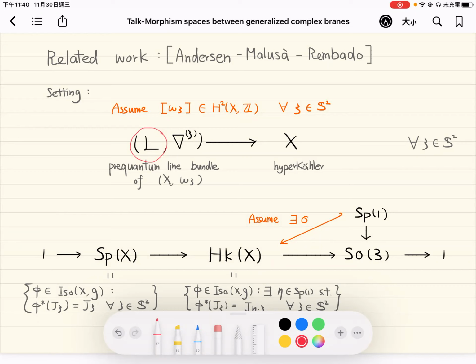But in the setting, they try to vary the unitary connection, so that they are the Chern connection with respect to a different complex structure. So that is the setting.